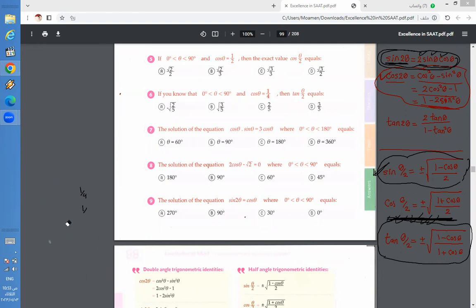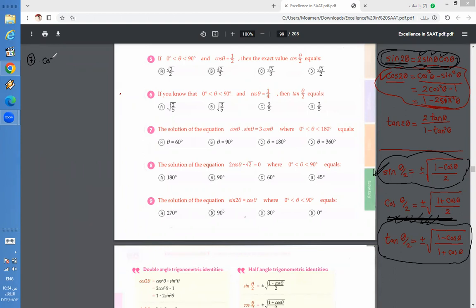It means solve, and we talked about it in class. The problems will be in your SAT exam. The first step, Muhammad, what shall we do? I need to find the value of theta here.